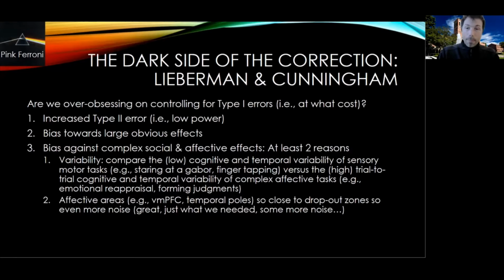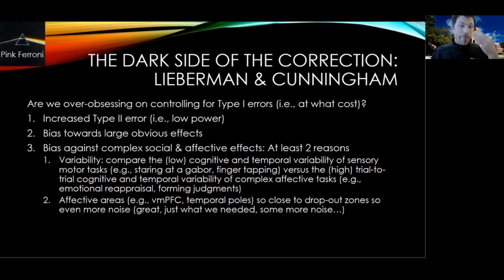Similarly, or rather compounding the issue, and this truly is an aspect fairly special to social and affective neuroscience, which often cares about regions that just so happen to be nearby dropout zones.